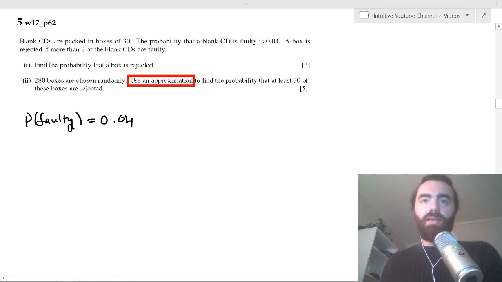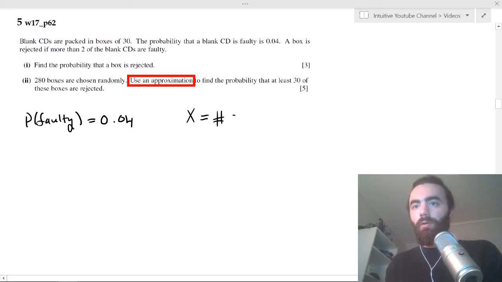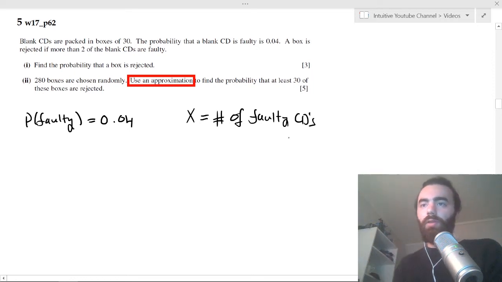A box is rejected if more than 2 of the blank CDs are faulty. Find the probability that a box is rejected. Well, let's say x, our random binomial variable, is the number of faulty CDs in the 30 that we're given.